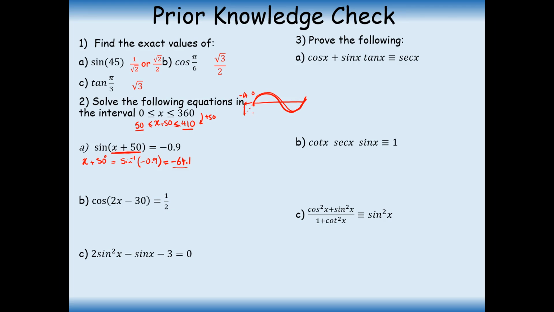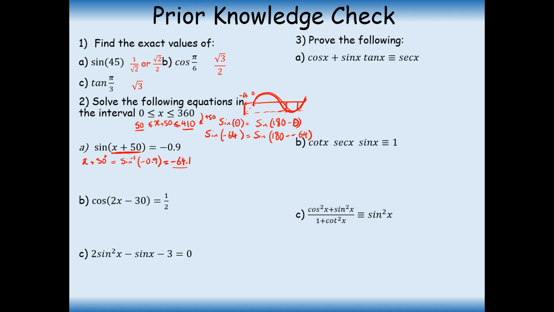So the answers that we should get, we can find using our trigonometric identities. Sine of theta is equal to sine of 180 minus theta. Now in our case theta is negative, but that doesn't matter. We can use the same formula. Sine of negative 64 is the same as sine of 180 minus negative 64, so that means 64.1 actually.